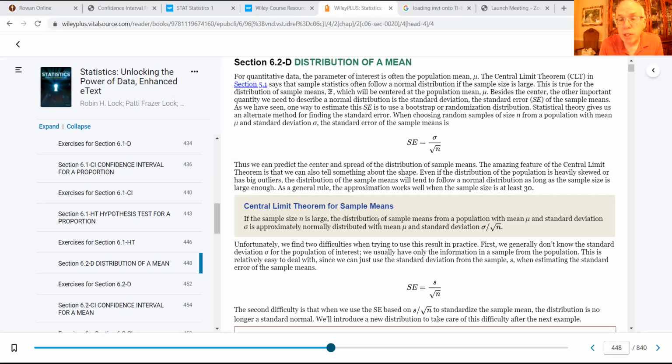But if the population is skewed right or skewed left, then we need a sufficiently large sample size so that the sampling distribution is normal. Now, typically, we use a sample size of 30. That seems to be the rule of thumb that most textbooks use.